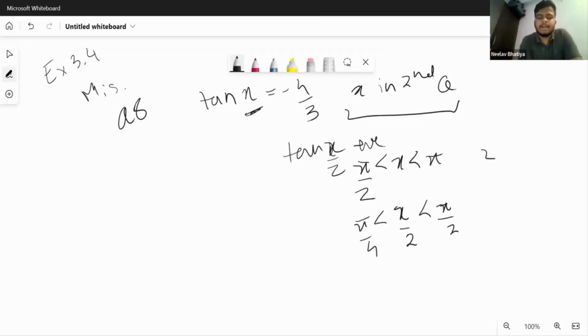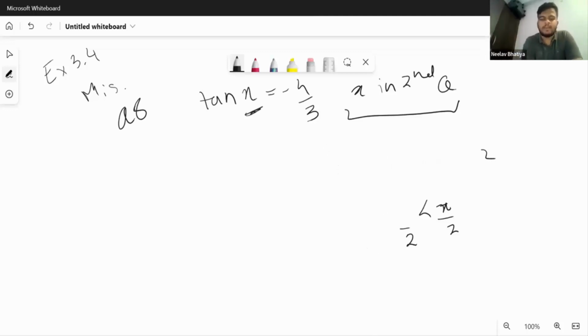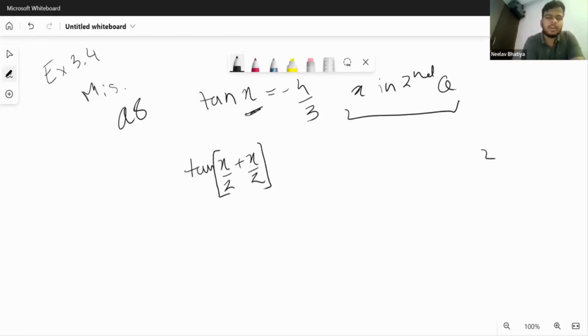Now I'll try and get. So when you're trying to solve for x by 2's values, right? Try and get something along the lines of sin and cos, because sin and cos could be easily converted to their counterparts, right? Or you could even apply the formula of tan x by 2. Correct? That is something that you could also do. Let's try and do that. Could you write tan x as being equal to this? Could you write that?